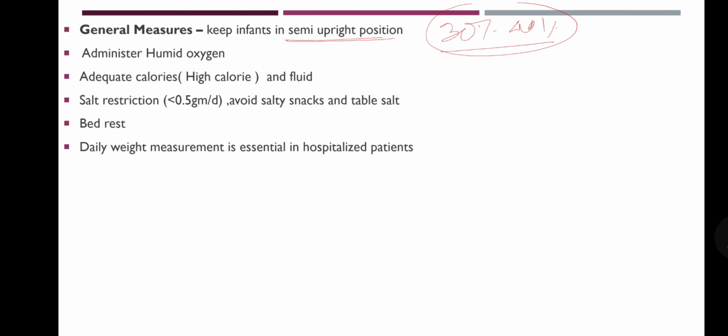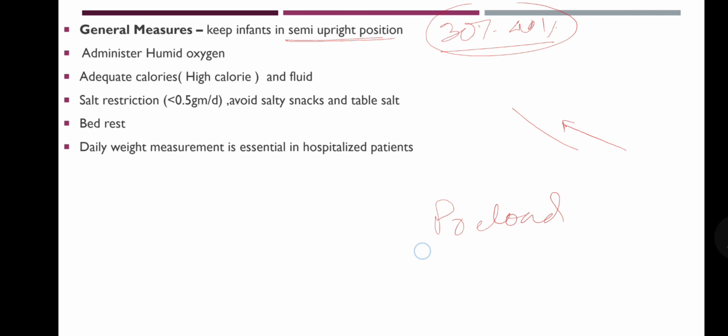Why this semi-upright position? Because in a semi-upright position, the venous return to the heart is decreased, and this is needed when there is heart failure with preload failure. So we put the patient in a semi-upright position.